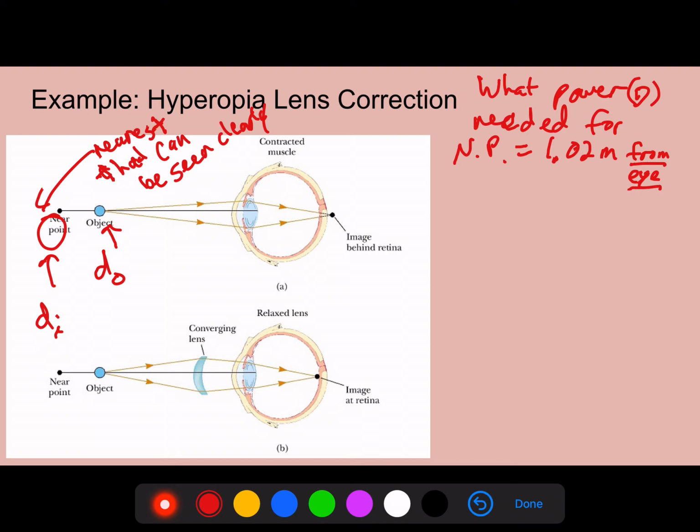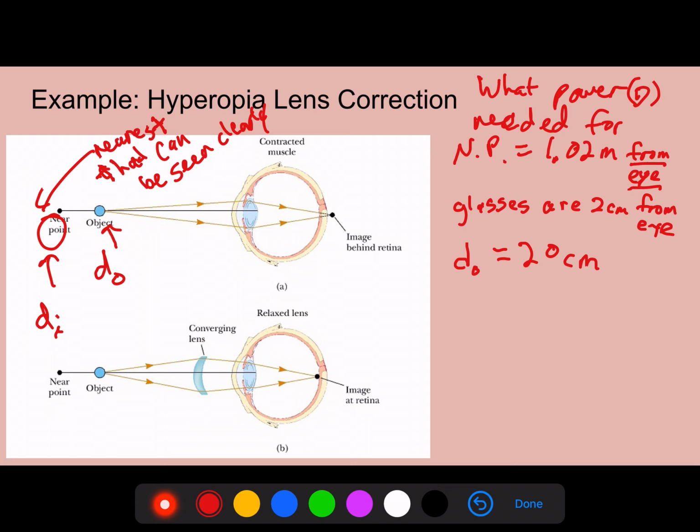The reason this will be trickier is because our glasses don't necessarily sit directly on our eye. So we're going to take the glasses distance to be 2 centimeters from the eye. Okay, and we want to be able to focus on something that is 20 centimeters away. We want to be able to at least correct to that point.